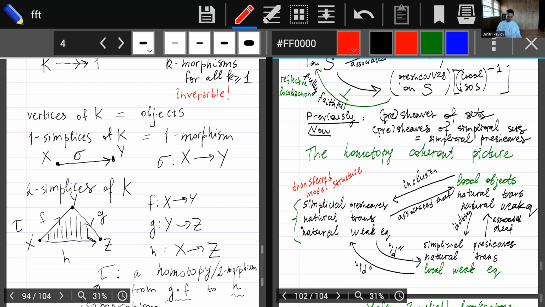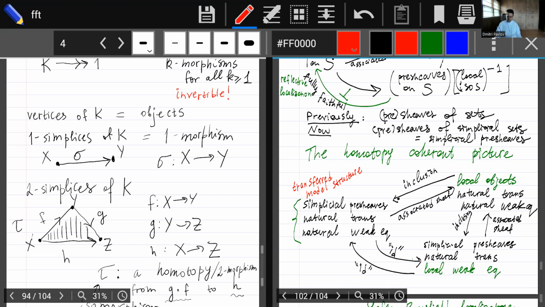Now, inside this relative category of simplicial presheaves, we will single out an analog of the notion of a sheaf, which in the context of model categories is called a local object. And as before, we are going to see an inclusion of relative categories.